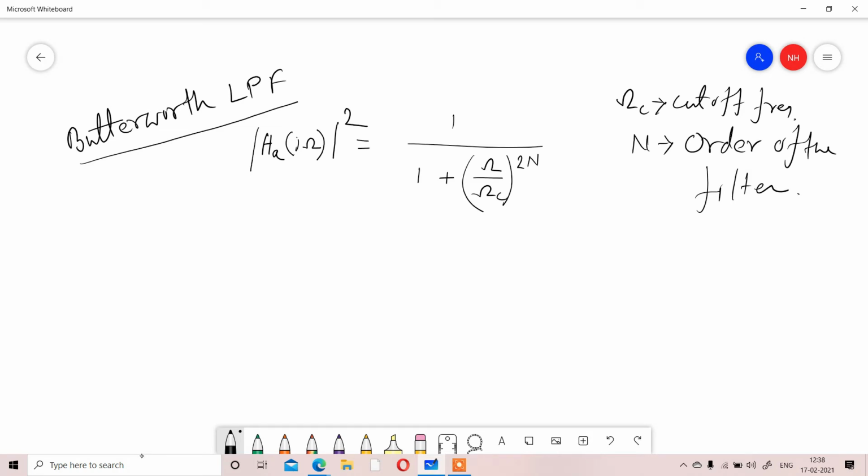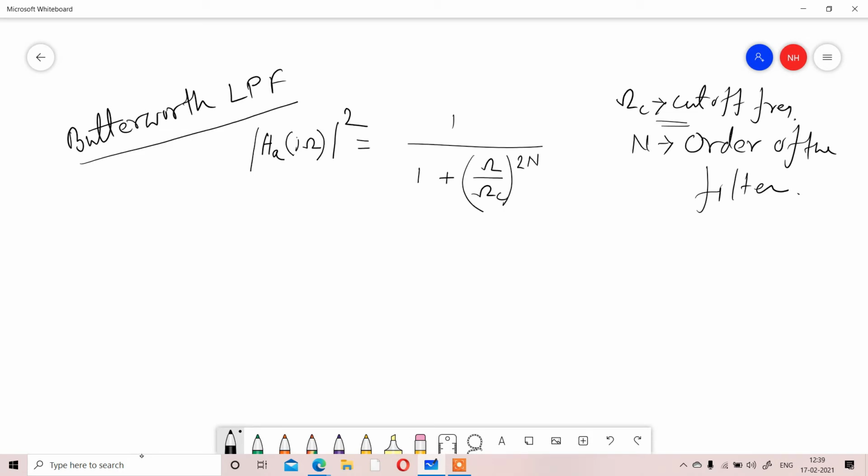If we simply change the order of the filter, the transfer function will also change, and how that change will happen we are going to check now. We all know that at the cutoff frequency the magnitude is 1 by root 2.